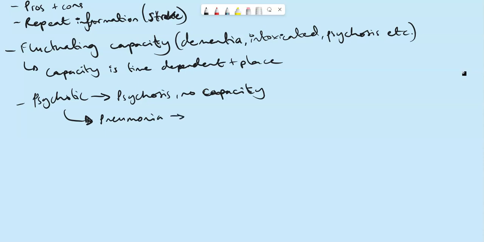However, I might have a pneumonia. In the case of the pneumonia, they might say to me, you have a chest infection and you need your antibiotics, your fluids, whatever, because we need to treat you. Otherwise, you'll die from it. And even though I'm in a psychotic state, I understand the pros and cons of the treatment for the pneumonia in and of itself, so I can consent to that.